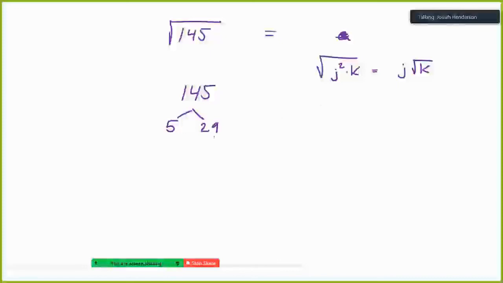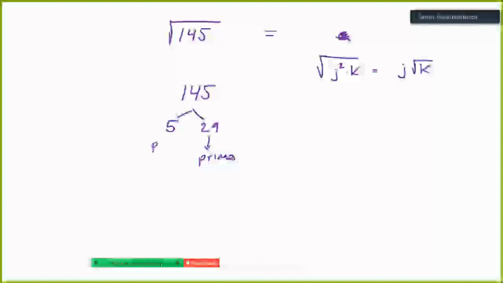But it doesn't work. When I tried dividing 29 by different smaller values, 29 divided by 2 doesn't work. 29 divided by 3 doesn't work. By 4 doesn't work. And if you keep going, you're going to find that they're all decimals. It's a prime number. It doesn't break down. Just like 5 doesn't break down further.